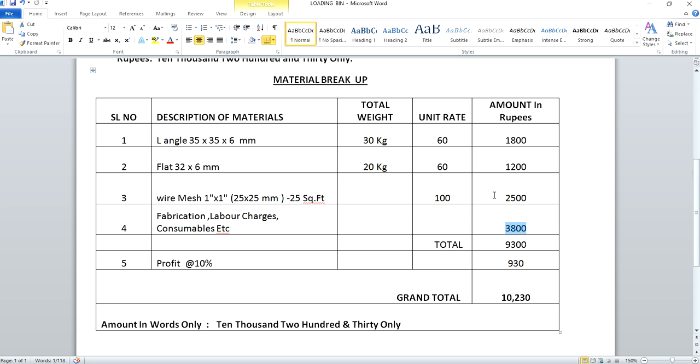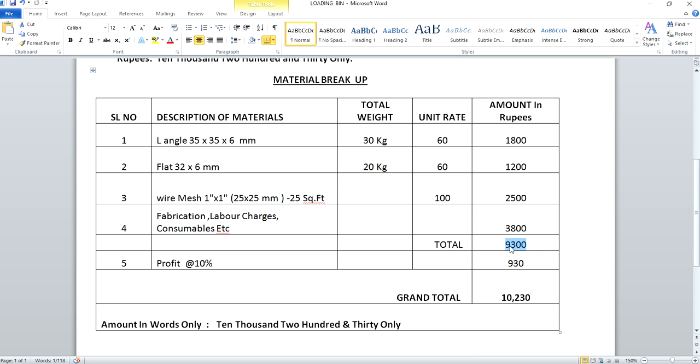So here I am considering the 3800 as a consolidated amount, but these charges, manpower, labors, machineries, everything may vary depending upon the complication of the fabrication process. So now you have got the fabrication, labor charges, consumables, etc. as 3800. Now you'll have to add up all these values, and you'll be arriving at a value of 9300 rupees. And again, this is the actual money which we'll have to spend for fabricating this steel bin at site.